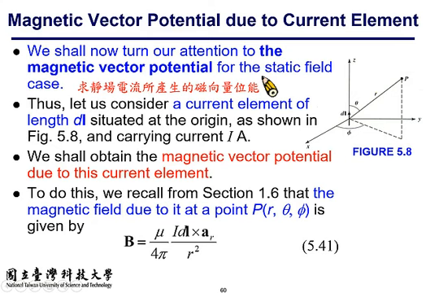Well, in the previous session, we already derived this result. This is given by what? By the Biot-Savart law, for magnetic force. And if you take out the current I, you end up with this relationship.